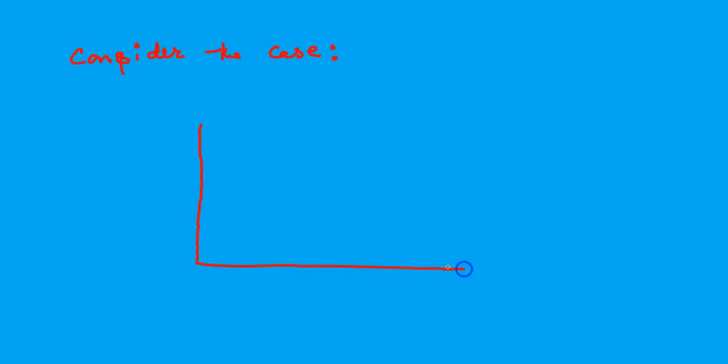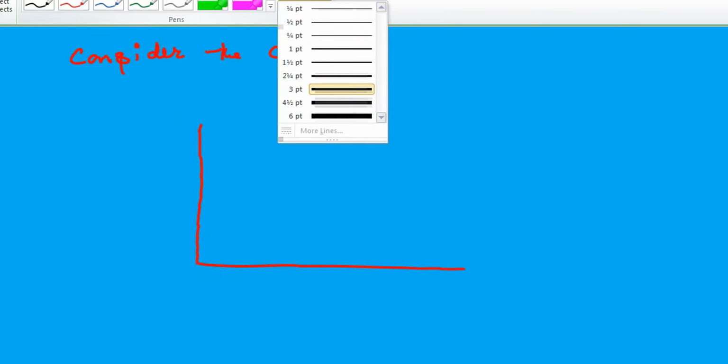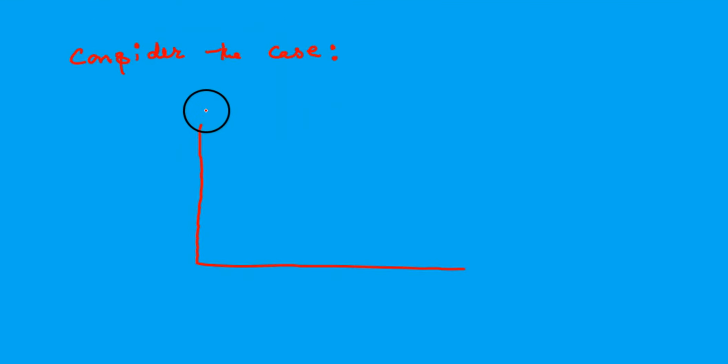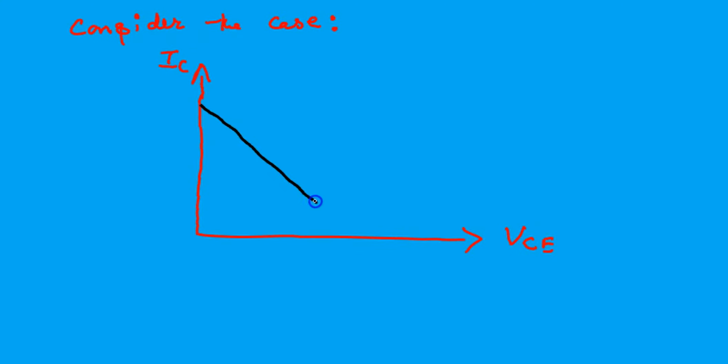Now we are going to draw a graph between the varying collector current and the varying collector emitter voltage. This is a DC load line, the black one.